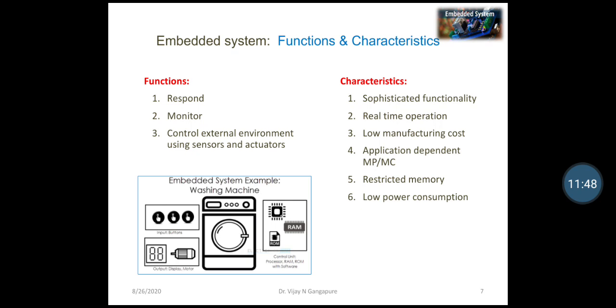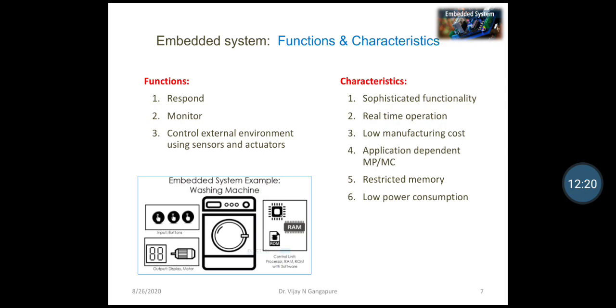By using that control panel, you can set the washing machine, and accordingly the washing machine will perform operations. Inside this embedded system, there is an embedded processor, with a memory and other peripherals, with software installed in the memory of that embedded processor. All these things are there.